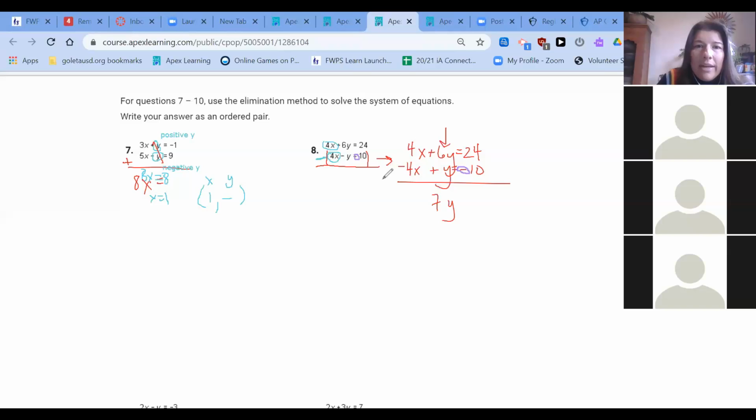And then at that point, we can add straight down. So this negative means I have to change the sign of every single term in that bottom equation, and then we can add straight down. Does that clarify? Yeah. Okay, thank you for keeping me honest. Beautiful. 7y equals 14. Okay, and we're off to the races there.